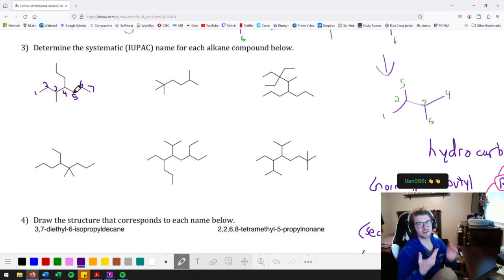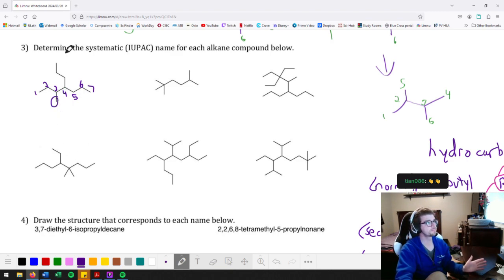So now we've decided on our longest carbon chain, and we've decided how we're going to number these carbons. Now we need to figure out the identity of the substituents, and then we can construct the full name. So here on carbon 3, that's just a methyl group.